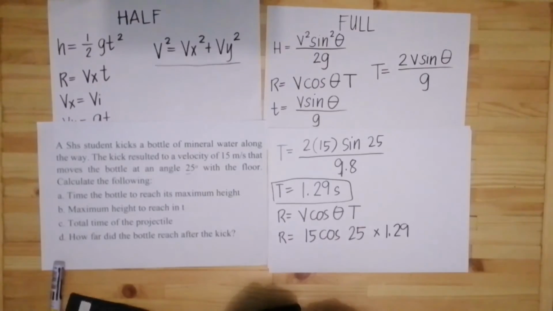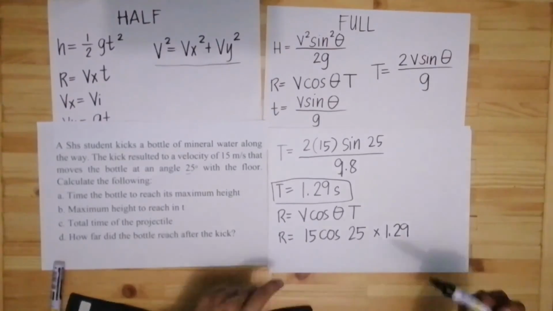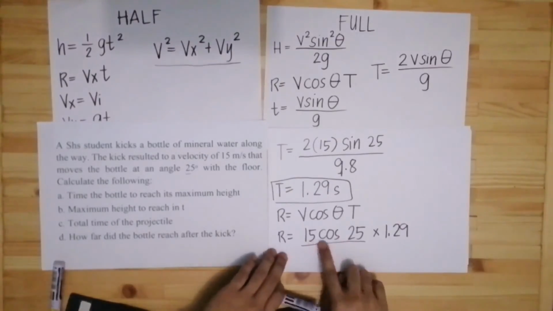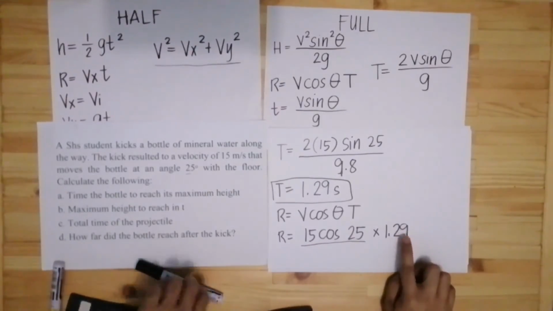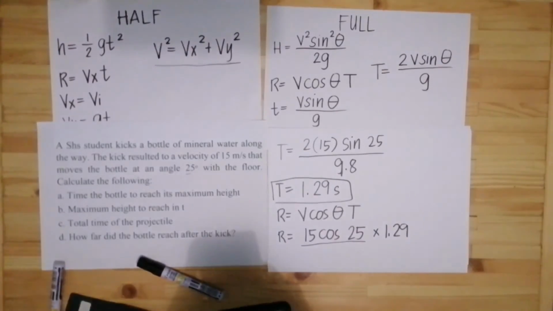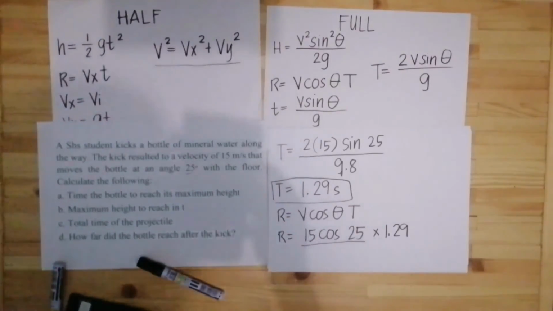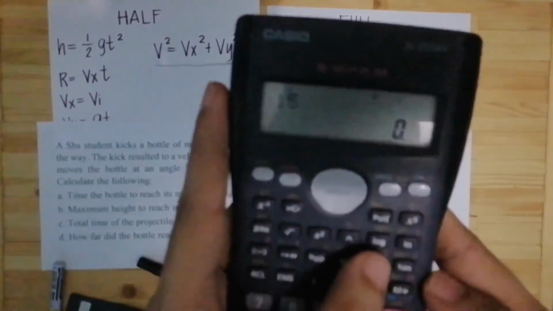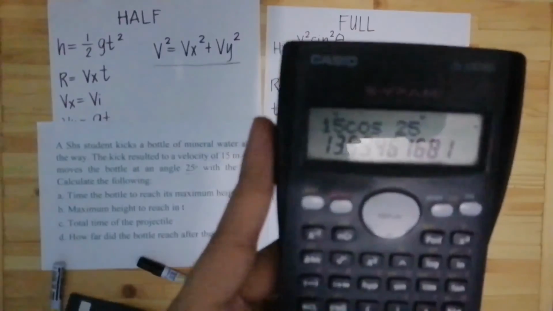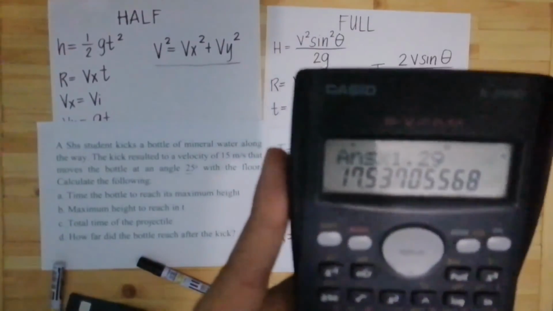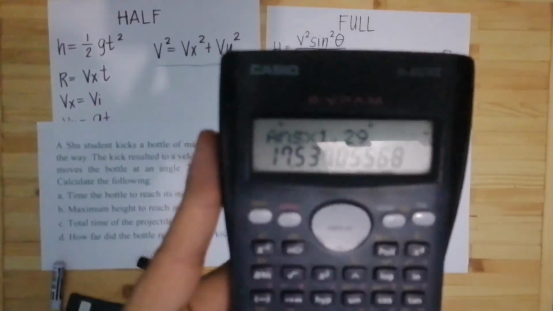Okay, baka magkamali kayo dito sa pag-press sa calculator. I-press nyo muna yung 15 cosine 25 bago nyo i-multiply sa 1.29. Kasi baka magkaiba yung sagot. So, gawin natin. Ngayon, 15 cosine 25. Then, equal sign nyo muna. Tsaka nyo i-times yung 1.29. 17.53.